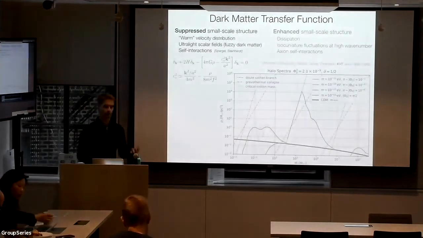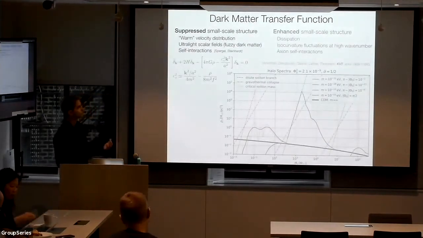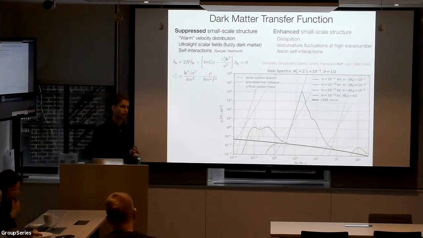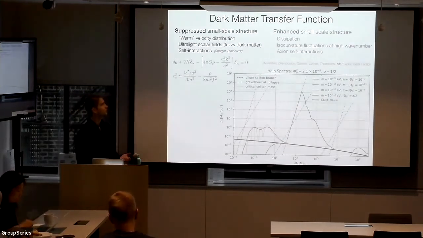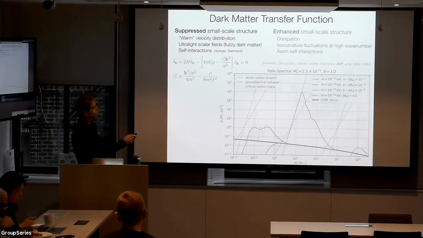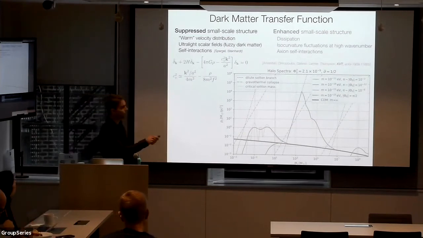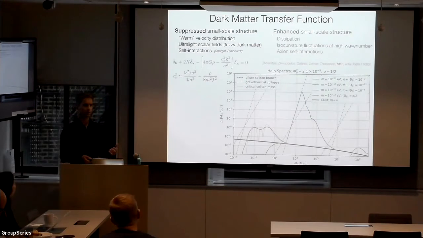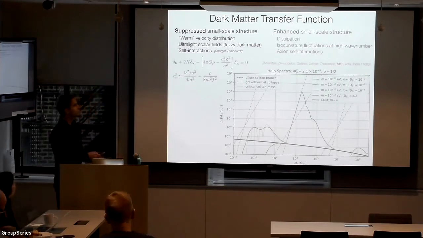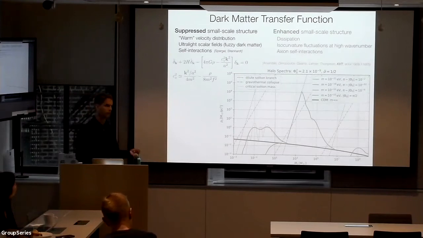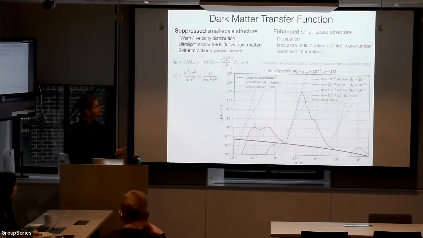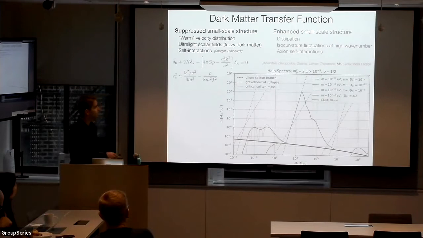Instead of modifying the initial conditions, so the primordial fluctuations, it's possible that dark matter behaves differently on small scales as well. So one could suppress small scale structures or enhance them. Historically, for observational reasons, there's been a lot of focus on suppression of small scale structure. So in particular, dark matter could be warm, so you could have a large pressure from its velocity that suppresses structure on small scales.